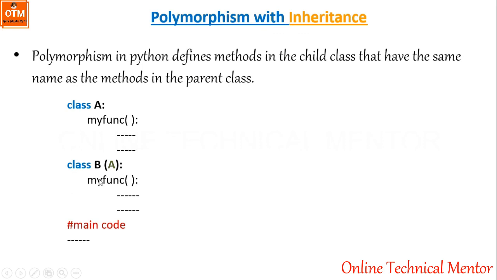That means B can use some properties of class A, and both classes have the same function. Within class A there is a my function, and within class B there is also a my function. So when B is extending or inheriting the properties of A, class B will inherit the my function of class A within it. At this time also the polymorphism property holds. I will discuss this scenario in more detail in later videos.